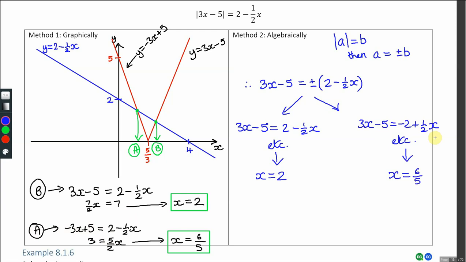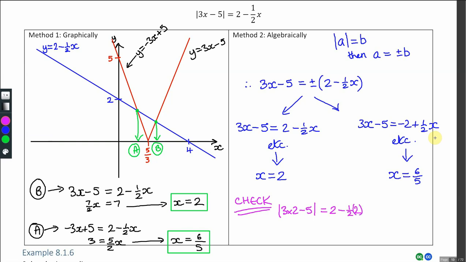Now for the bit that you must not leave out, check that they actually work in the original equation. You must do that if you haven't drawn a graph, because it's possible that one of these might not actually work. So let's put that in. If x is 2, the modulus of 3 times 2 take away 5, is that equal to 2 take away a half times 2?